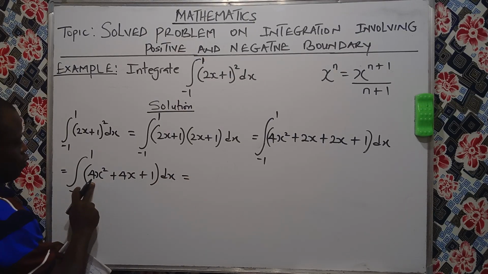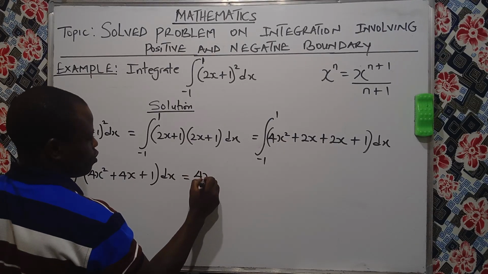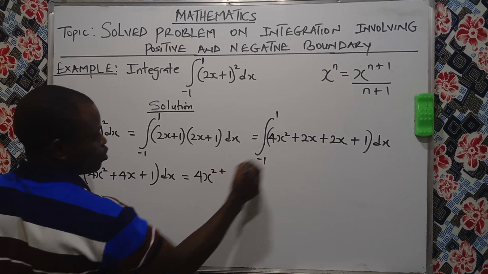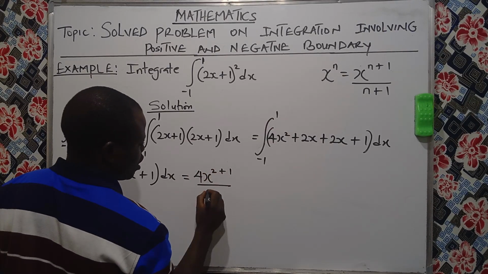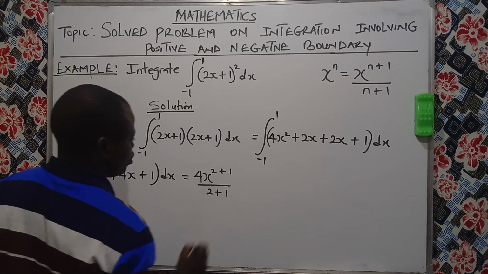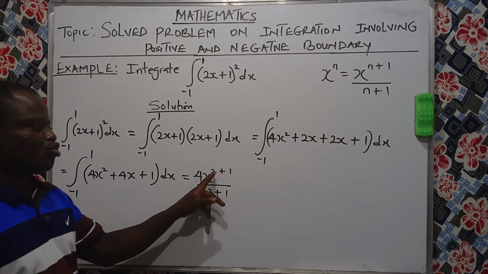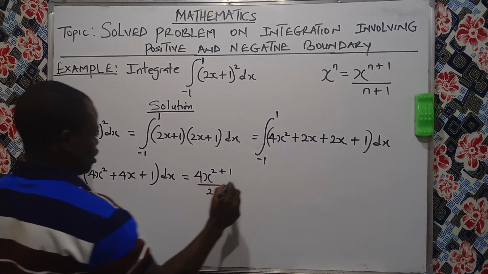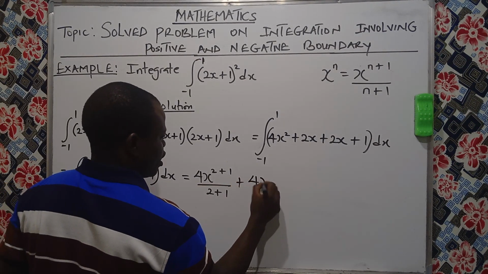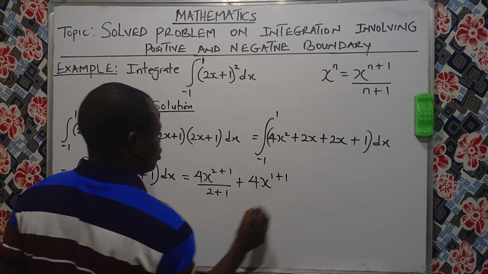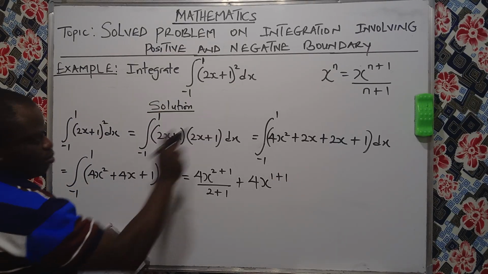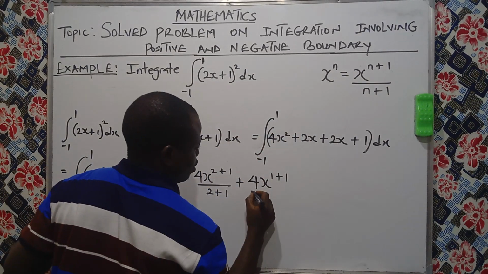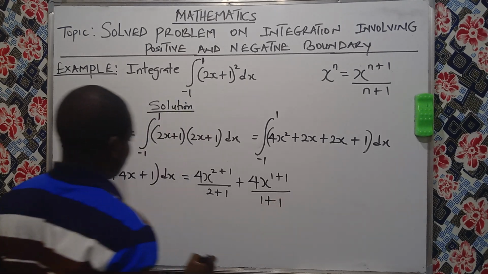We have 4x raised to power 2 plus 1 over 2 plus 1, followed by plus 4x raised to power 1 plus 1 over 1 plus 1.